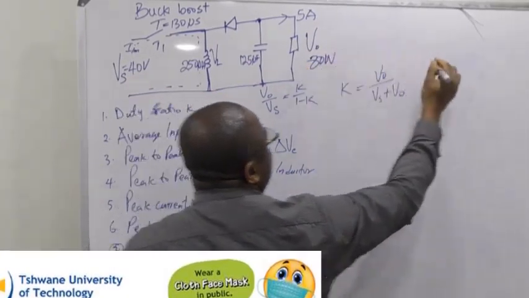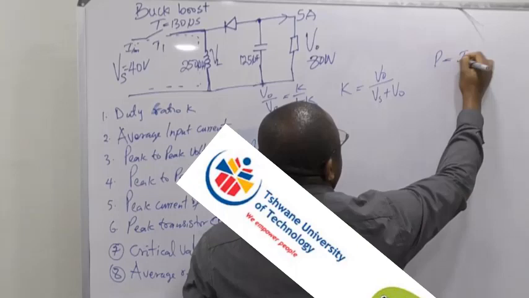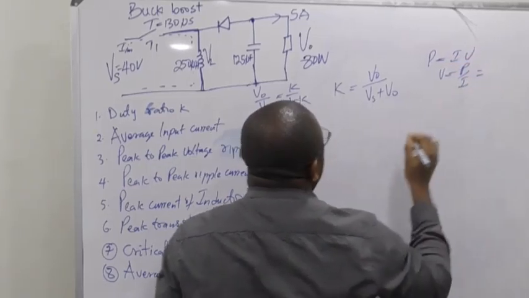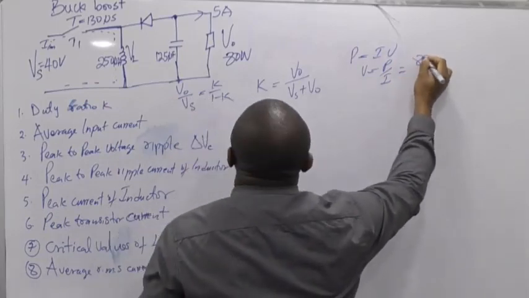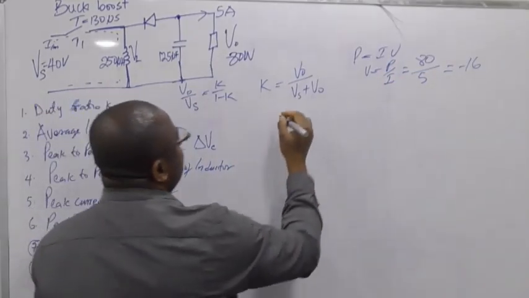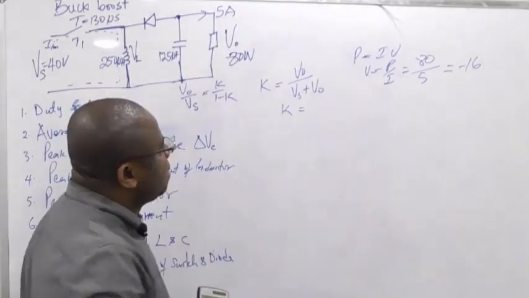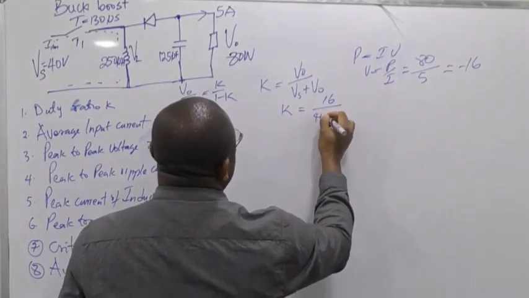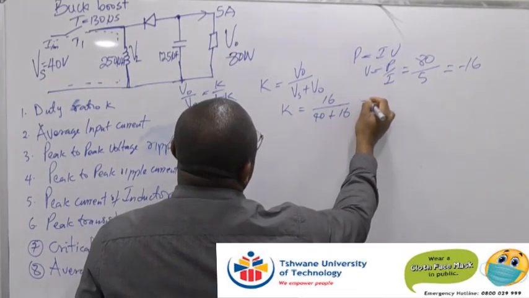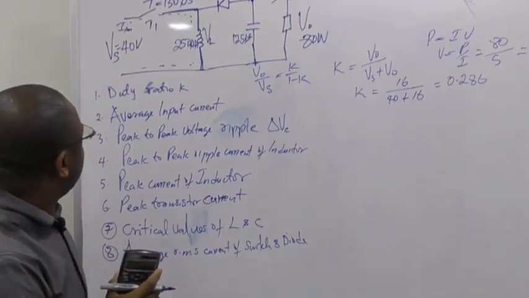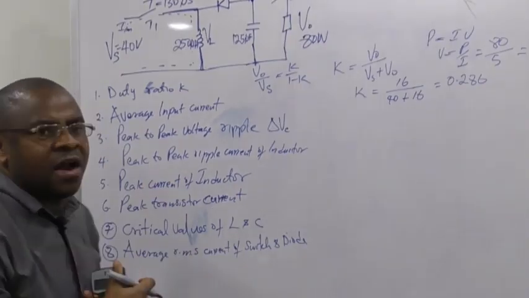We have power, and we know P is IV, so V is P over I. P is 80 divided by 5, so we have 16. So our duty cycle, K, is 16 divided by 40 plus 16, which is 0.286.